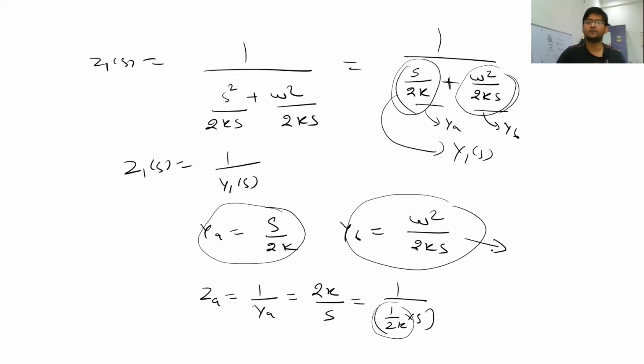Similarly for YB, if we find ZB, which is equal to 1 upon YB, it will be 2Ks upon omega square. So it will be representing an inductor whose value will be 2K upon omega square.